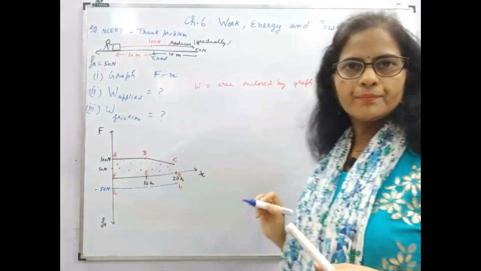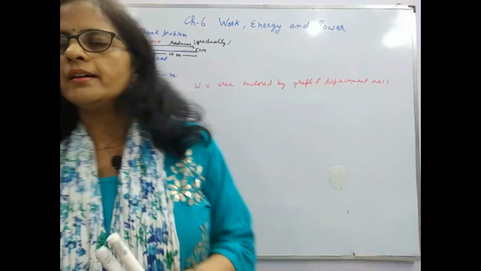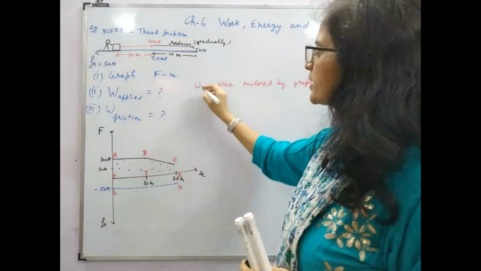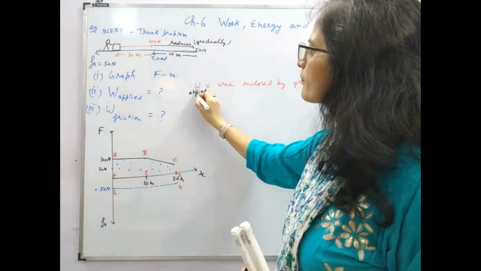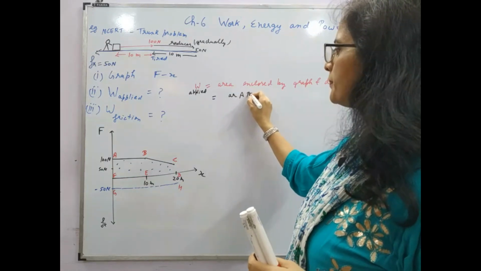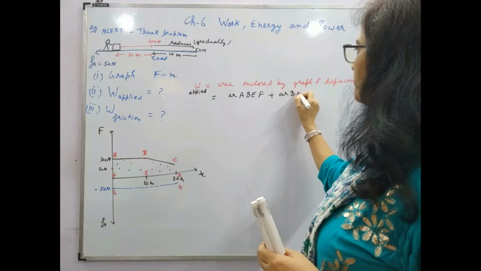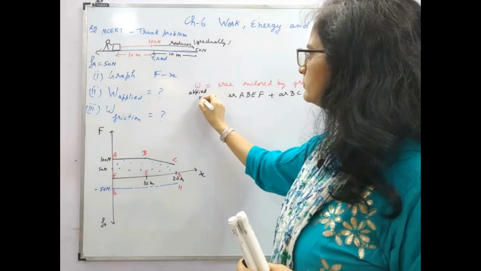This complete area. Here we have one trapezium and one rectangle. So this can be written as work by applied. I am calculating first. So this is area ABEF plus area BCDE. So what is area?